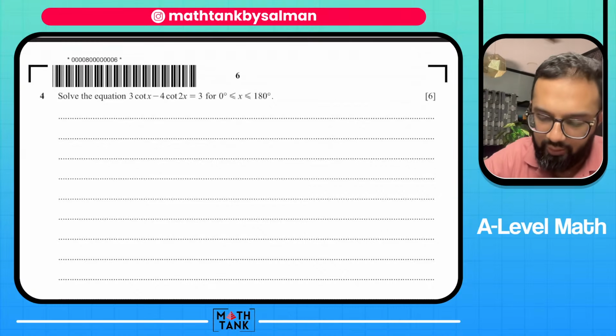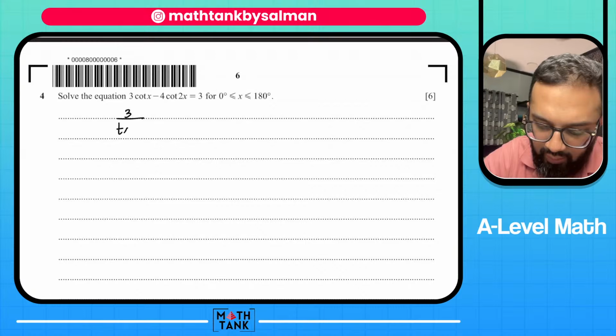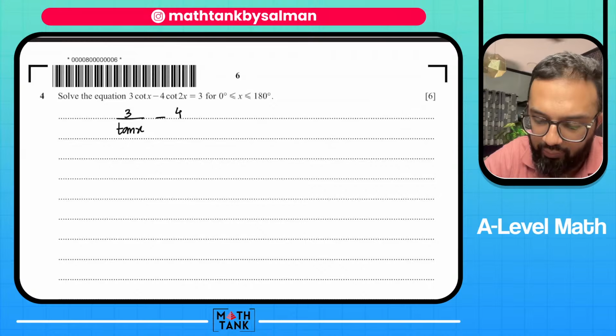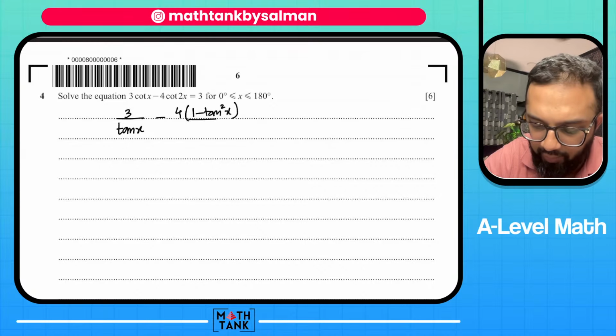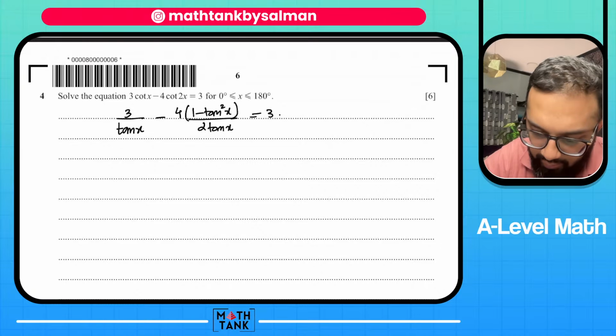Okay, so 3 cot x minus 4 cot 2x. I don't know the identities for cot x, but I certainly know tan x, and tan 2x is 2 tan x over 1 minus tan squared x. So I'm going to write the reciprocal of that, equals 3. You can cancel out with that.